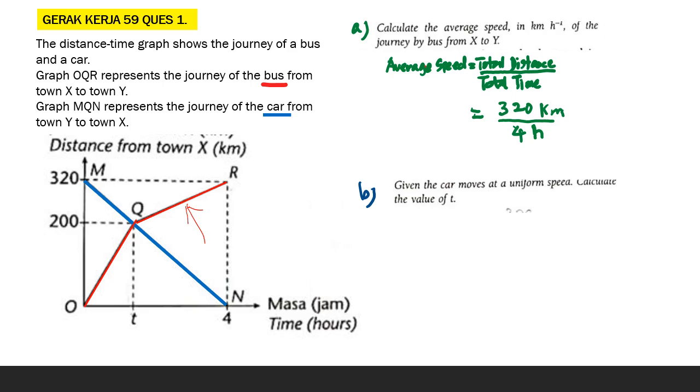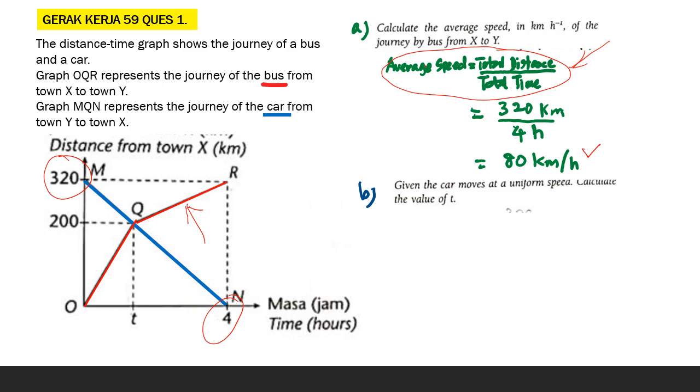Again, the average speed uses this formula. The distance is 320 kilometer over the time, which is 4 hours. So you'll get 80 kilometer per hour. This is the average speed.